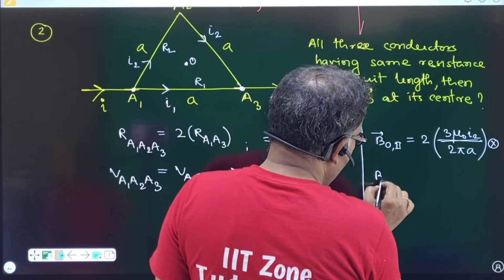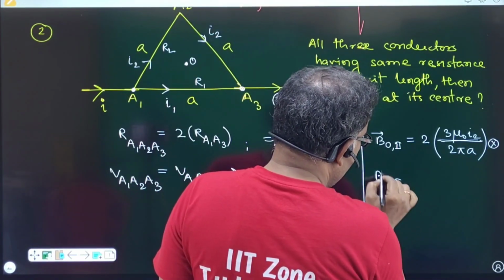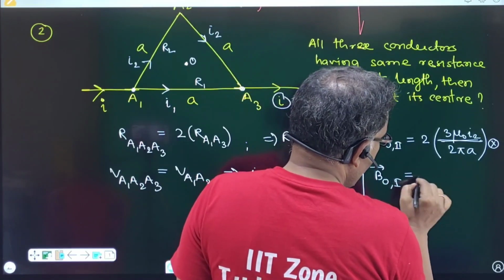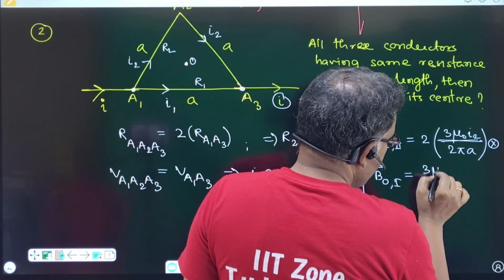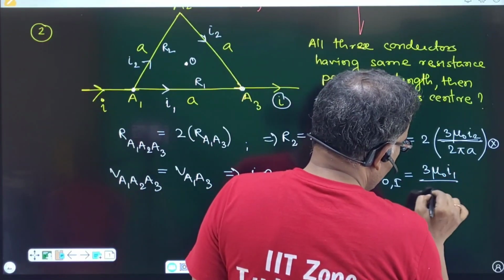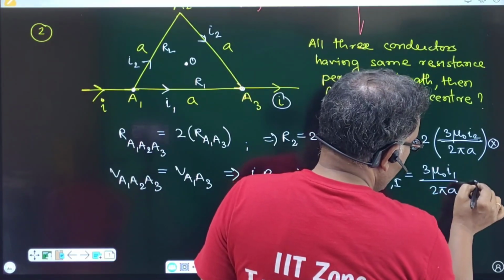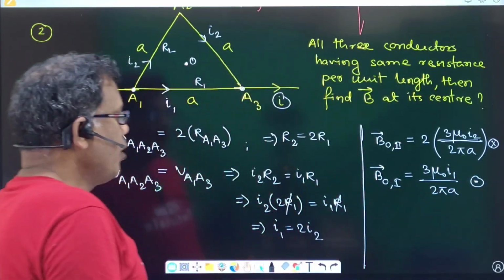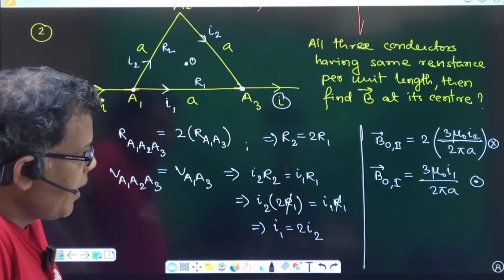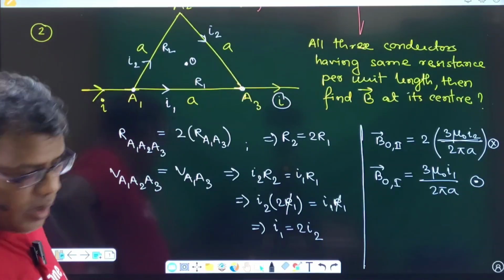The magnetic field at O due to the first conductor, A1 to A3, will be simply 3 mu naught I1 by 2 pi a, and that will be outward, right? As I know, I1 and 2 I2 are numerically equal. Are you getting me or not?